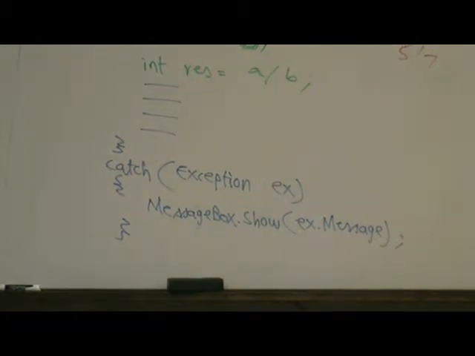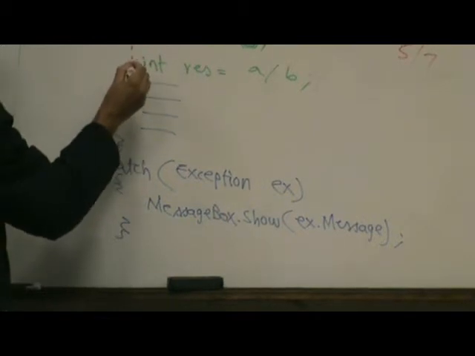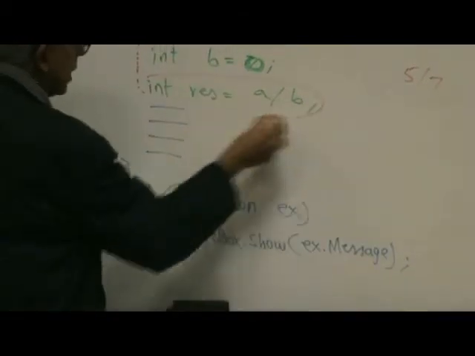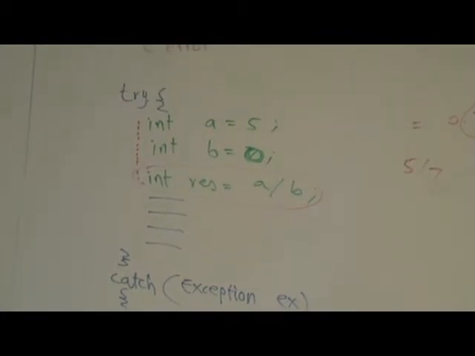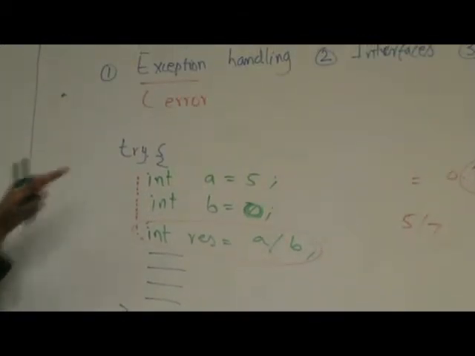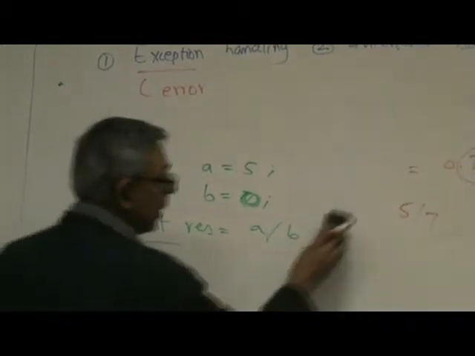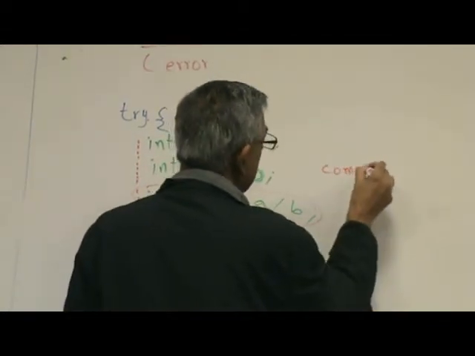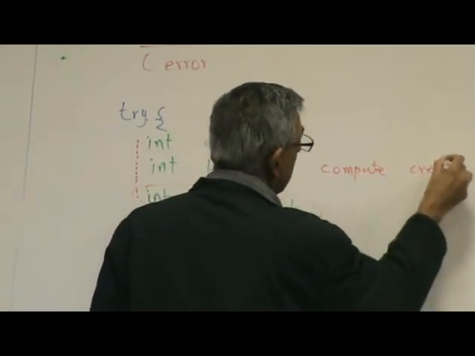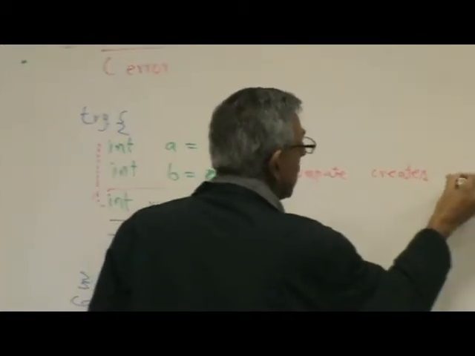Okay, so now let me explain how it works. The computer will start to execute, and once it comes to this line over here, obviously it runs into an error. Whenever there's a try-catch block involved and the computer runs into an error, the computer creates an error object, or you can say an exception object.